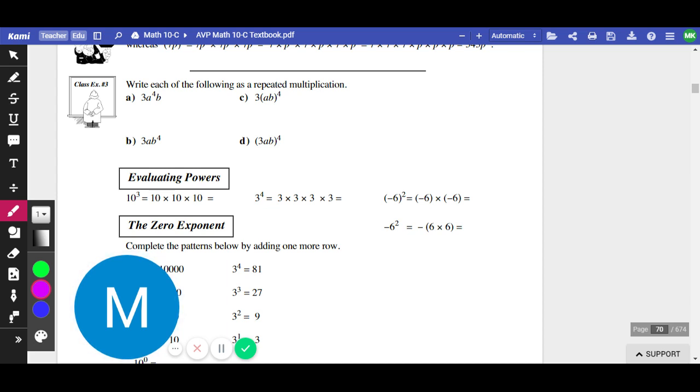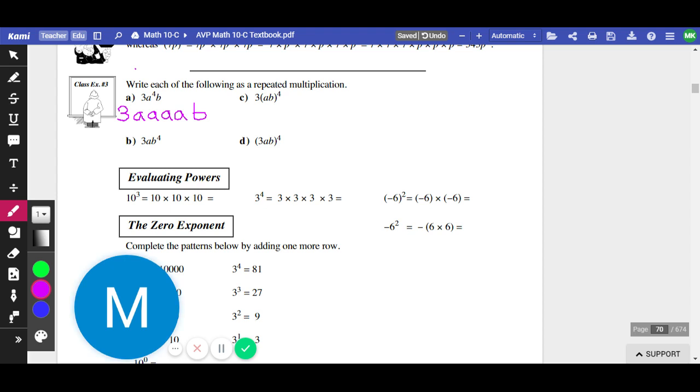So looking at this one, 3 is a coefficient. There are 4 a's, and there's 1 b. That's what that question represents, because the only thing that's the base is the a. The 3 and the b aren't a part of it.